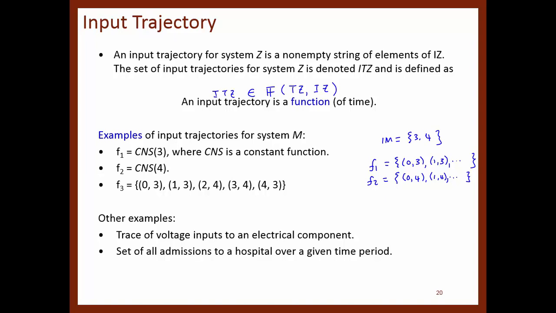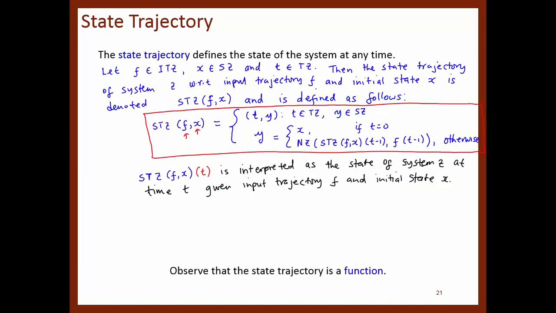And if you look at a machine, let's say you're producing a certain product, you want to know how many parts and at what time each part is arriving at that machine, and then you want to represent the behavior of that machine. So a state trajectory defines the state of the system at any time.